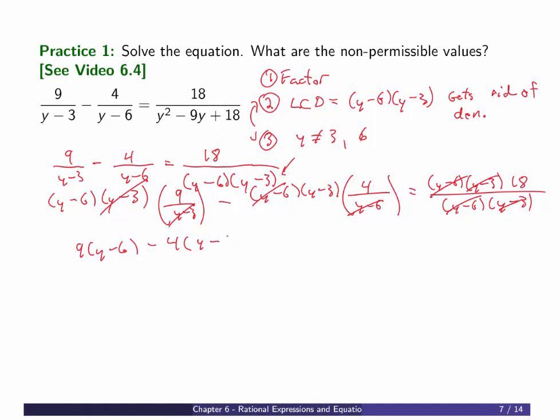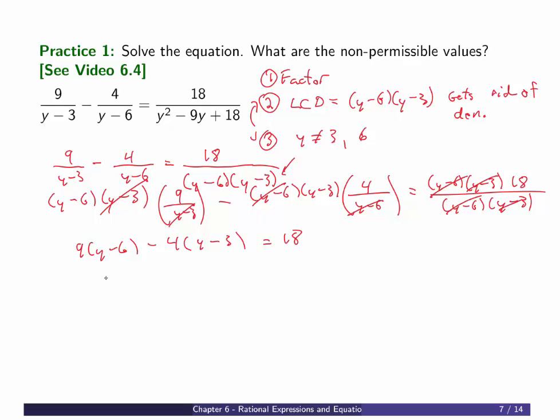The order here doesn't matter. It could be y minus 3 times 4 or 4 times y minus 3. I like to write the constants first. And this is all equal to 18. So you can see it went from being a really confusing question to a really simple question, actually.